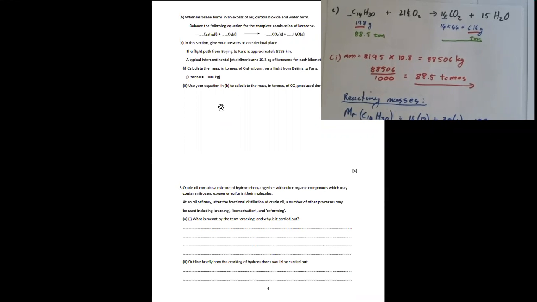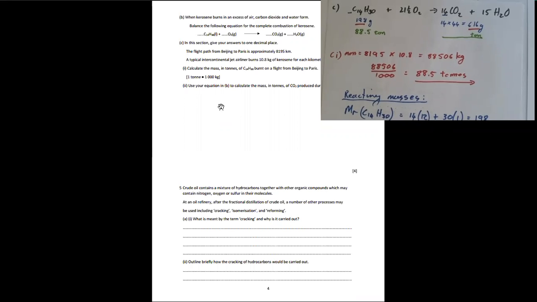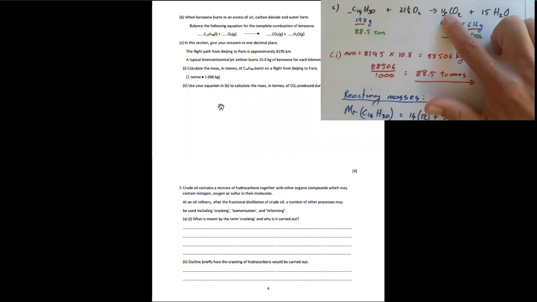I'm going to use reacting masses to solve my question in here. What is reacting masses? Reacting masses is if I have the molar mass of my C14H30, which I calculated as 198, and I have the molar mass of my carbon dioxide, which is 44 times 14 is 616 grams.